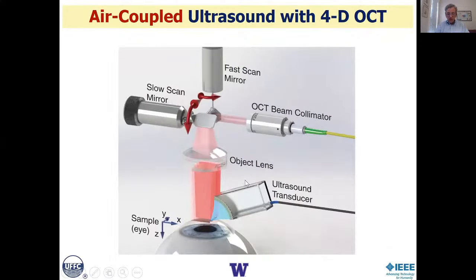We built a system that combined the transducer, Ricky's real-time OCT system, with our ultrasound system. To acquire the full volume of data for the propagation of the wave across the cornea takes about 1/3 of a second. I will show you movies at a slower frame rate so you can actually see the propagation of the wave.